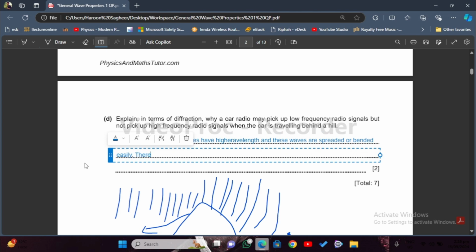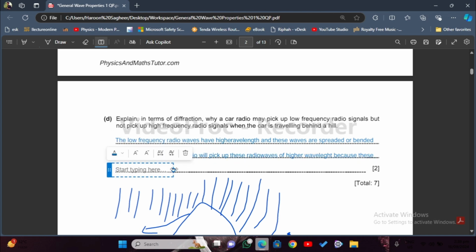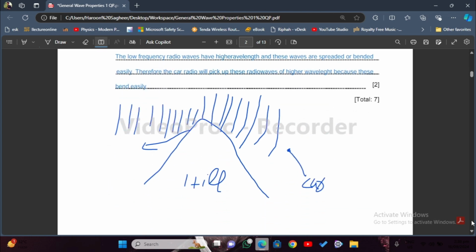Therefore, the car radio will pick up these radio waves of higher wavelength because these bend easily. Let's just write it again just to endorse the concept. These bend easily. Right, this is the end of question number 1.